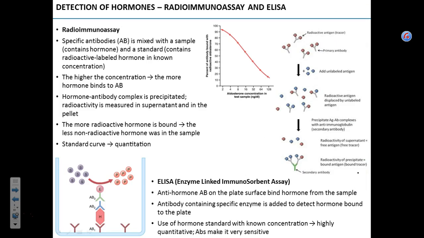Probably the last bit before we get to the actual hormones: how we detect them. One of the unique features of hormones, the vast majority of them, in fact, I know only one hormone that is produced in enormous amounts.